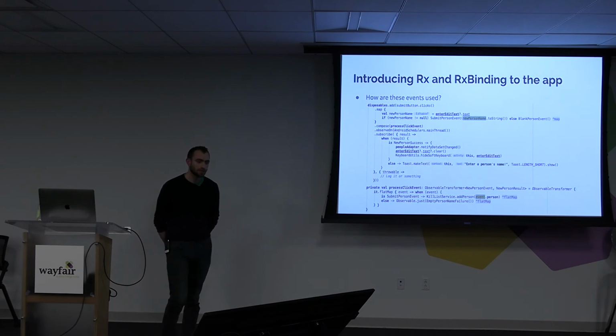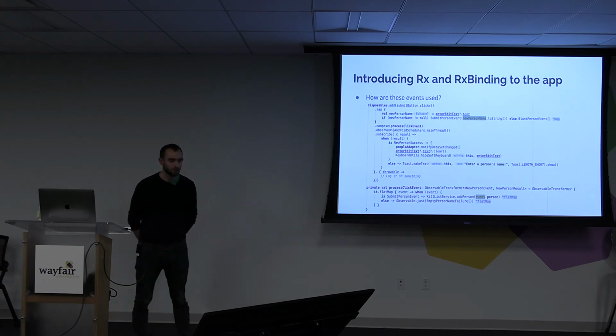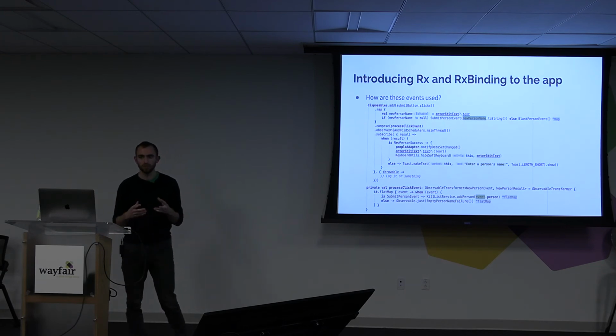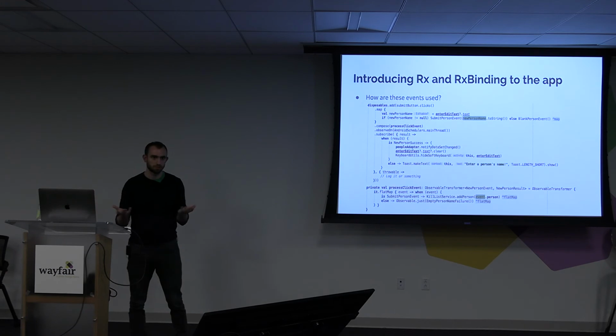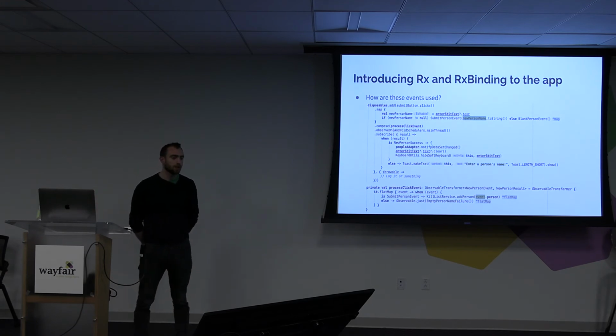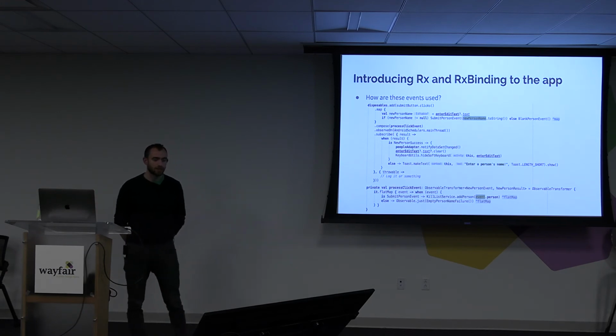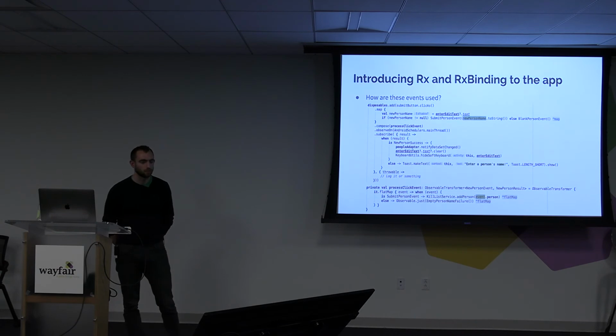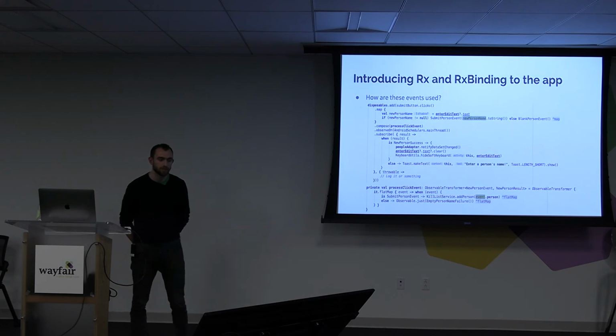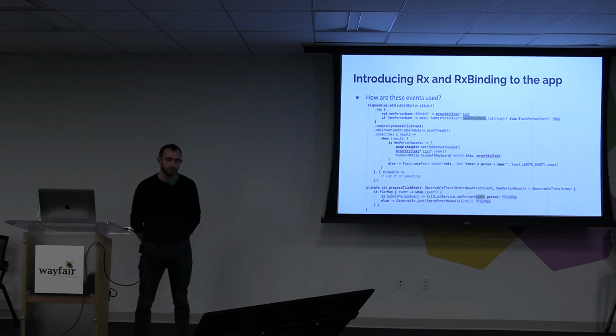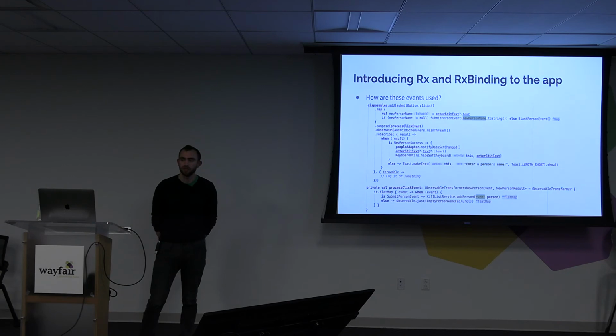So we can do this submit button.clicks, which streamlines click events into an observable of unit, which isn't anything. And we can map that into a submit person event. So we grab the name from the edit text. If it exists, then we send along a submit person event, and if it doesn't, then we send along a blank person event. Again, pretty straightforward.